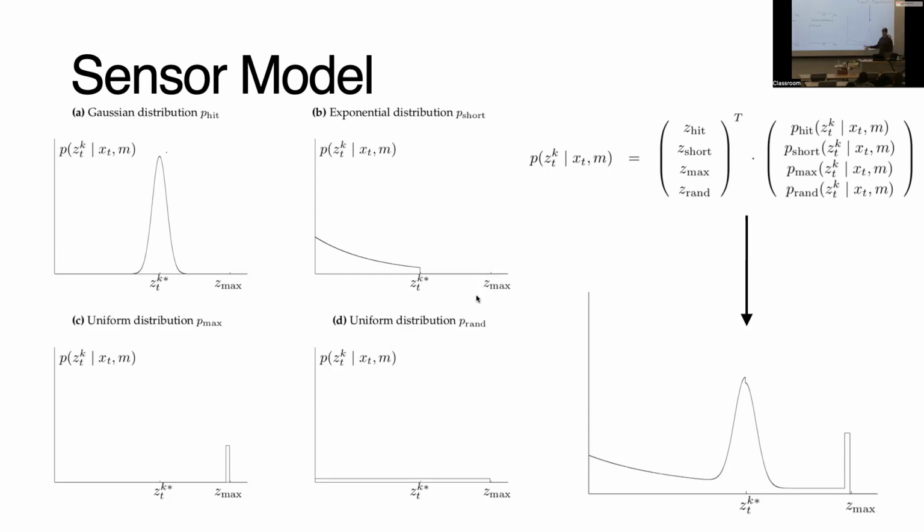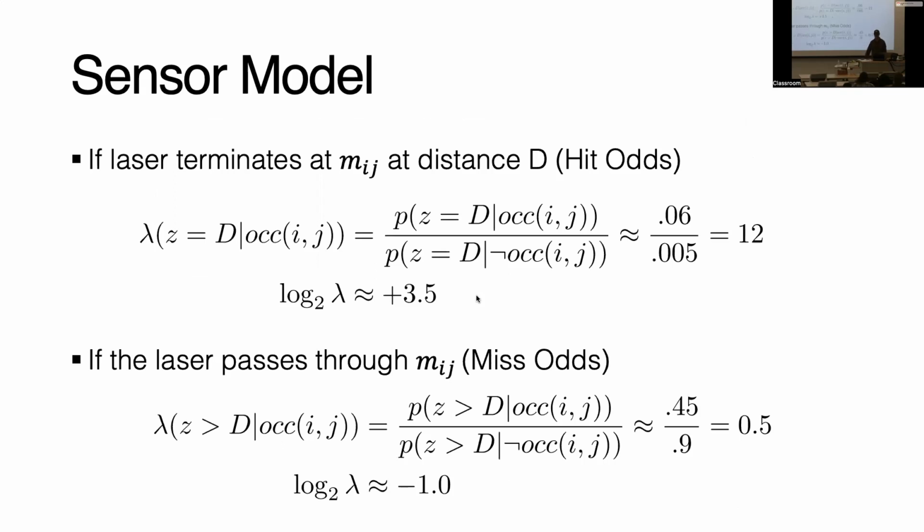And so what we can then do is look at what the values are and determine what we should do to update our log odds. All right, so if our laser terminates at some value, right, some distance d, we want to increase the log odds because we have a new sensor measurement that says that's an obstacle.